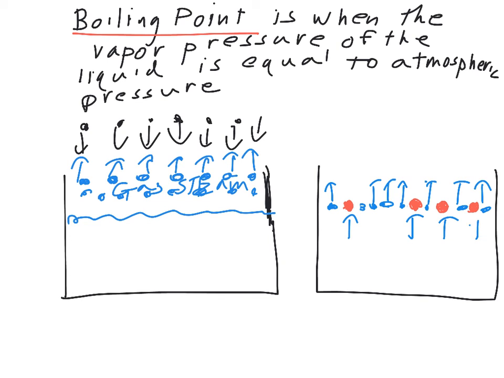It's kind of like being on a busy road and coming to a bunch of toll booths, and in a pure liquid, all the toll booths are open. But in a liquid that has a solute in it, some of the exit ramps are blocked by salt. In other words, some of the toll booths are closed, so the cars can't exit as rapidly. Since the cars can't exit as rapidly, it takes much longer time and much more energy for the gas above the liquid to build up and to equal the pressure of the atmosphere.